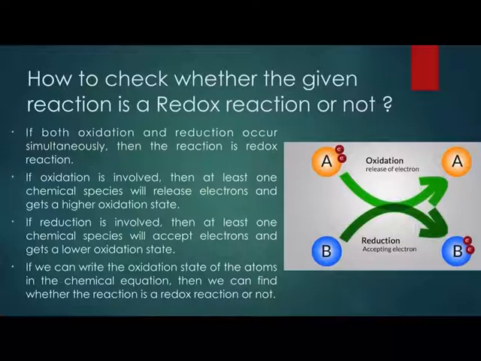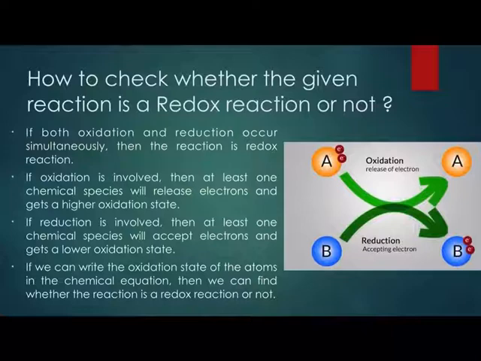If oxidation is involved, then at least one chemical species will release electrons and get a higher oxidation state. So in oxidation, the oxidation state of the species will increase. If reduction is involved, then at least one chemical species will accept electrons and get a lower oxidation state.